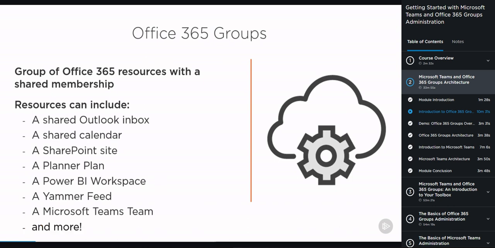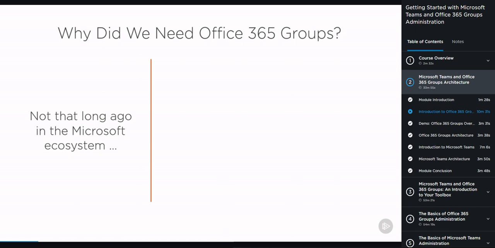Before we go further, let's take a look at why Microsoft created Office 365 groups in the first place, and why they are an important part of today's Office 365 toolbox. The truth is, not that long ago, in the Microsoft 365 ecosystem, SharePoint was the synonym of collaboration.